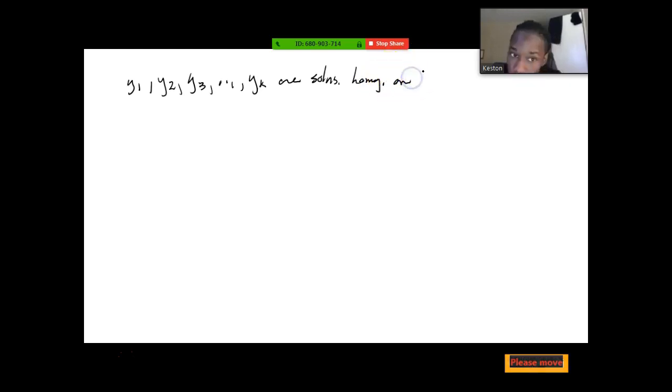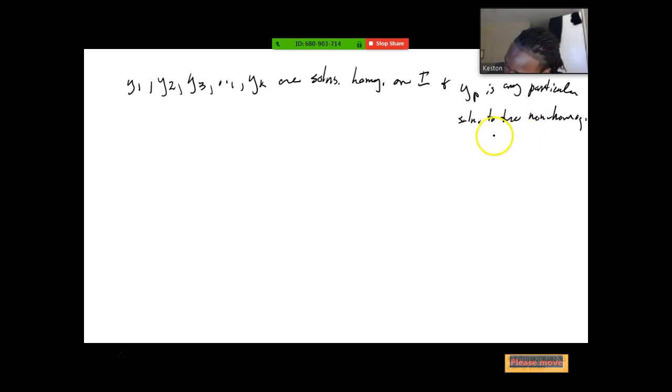On some interval I, and y sub p is any particular solution to the non-homogeneous case on that same interval I. Okay, here's what the conclusion is.